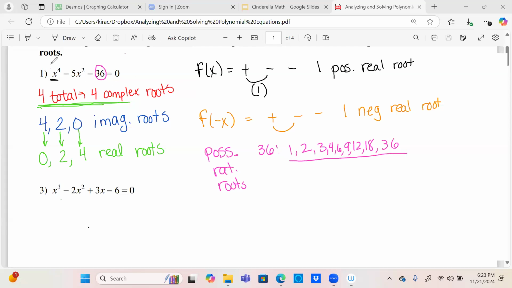Divide the front number, which is 1. What goes into 1? Just 1. So anything divided by 1 is going to be itself, right? 1 divided by 1 is 1, 2 divided by 1 is 2, 3 divided by 1 is 3, and so forth. So you're just going to copy that list over, giving each one of them a plus or minus.